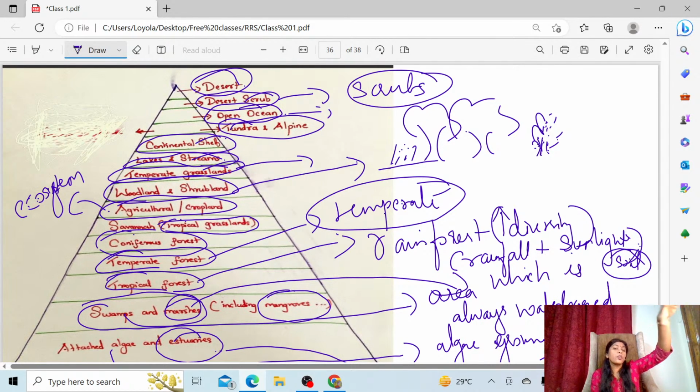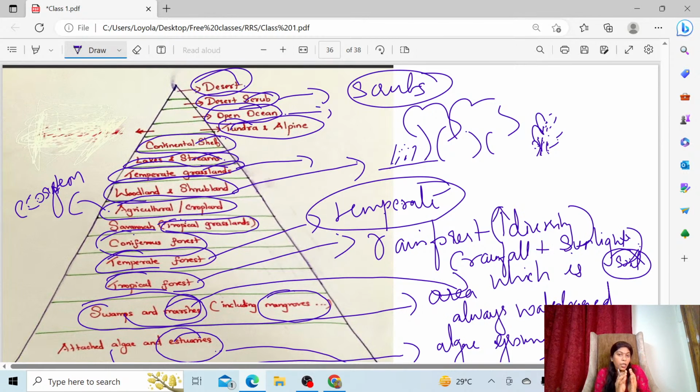The rest, 28% of the earth, contains desert. So you put together, almost 80 percent of the earth is least productive in nature, only 20% is productive.